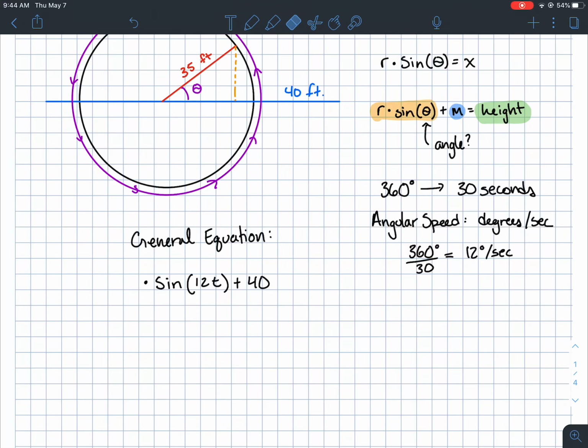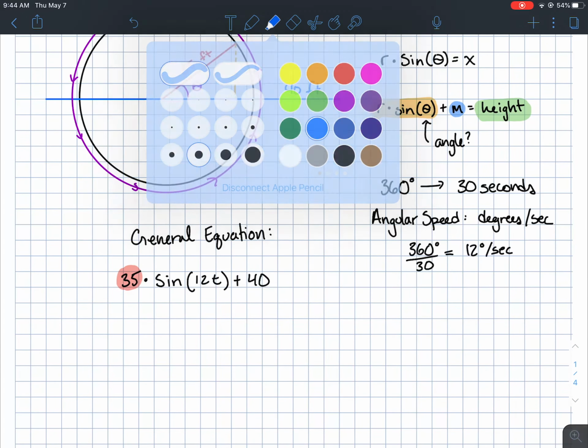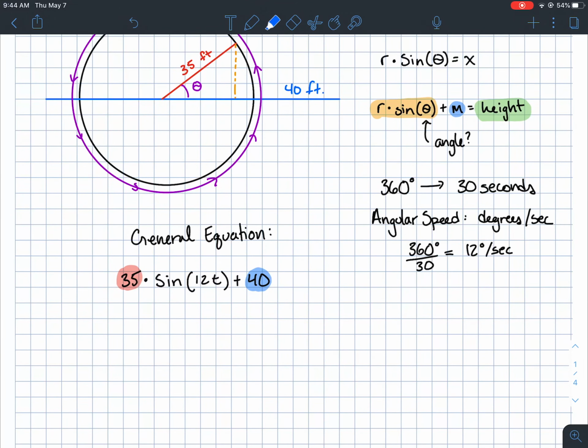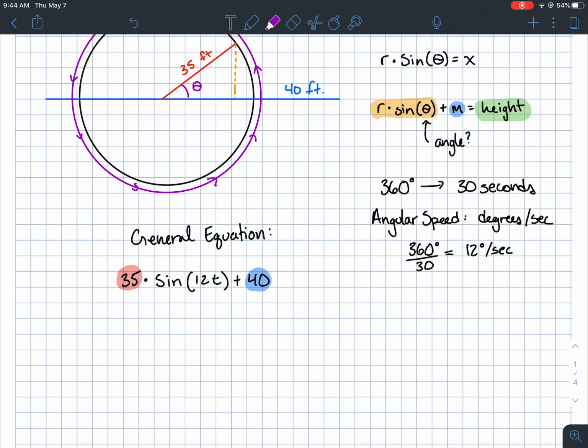So what we get is this general equation, which is our radius times the sine of your angular speed times t, plus our midline. I'll put the radius in there because our radius was 35. So we get 35 as our radius, 40 was our midline, and 12t was my angular speed. That's going to give us the overall height above the ground.